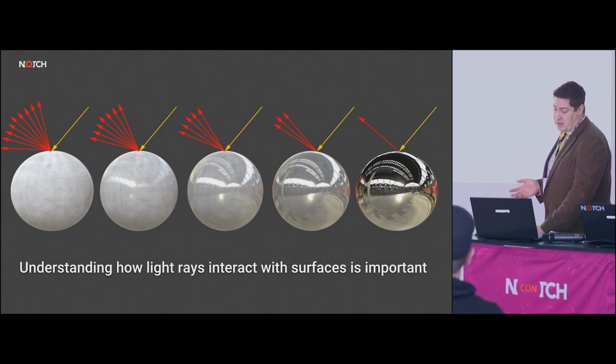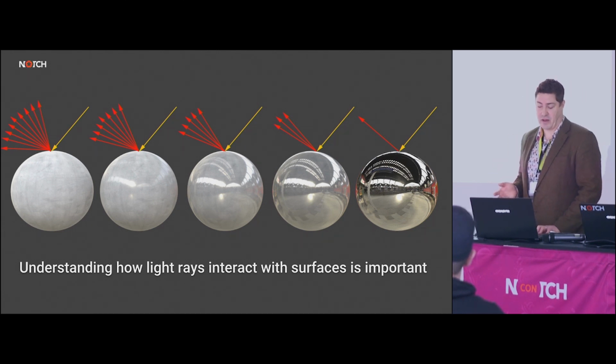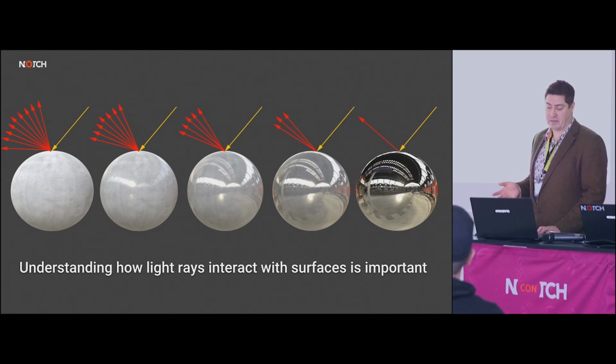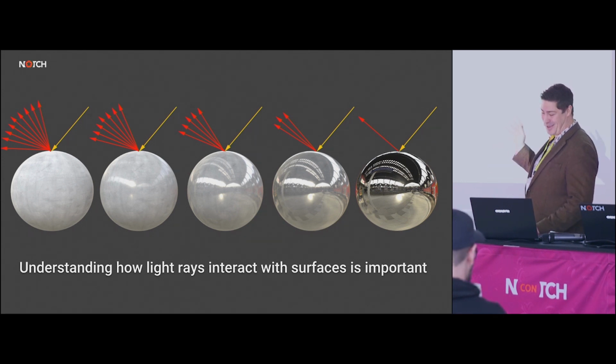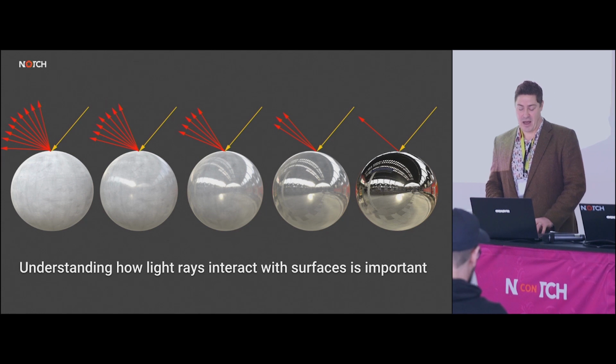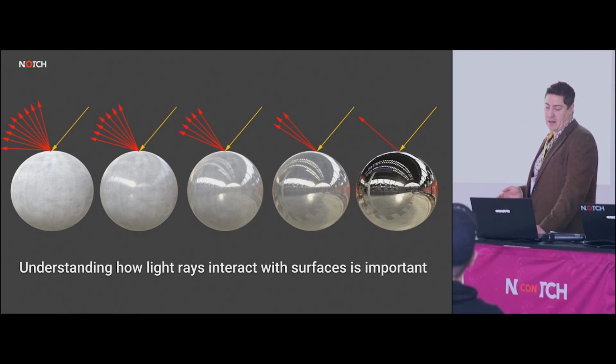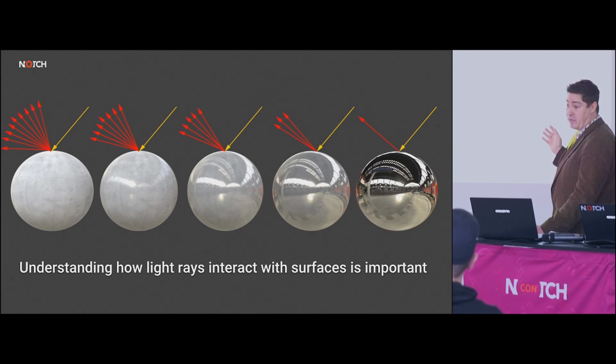So in this image, the sphere gives off a different material response from the left to the right. The objects on the left are rougher than the objects on the right. As you can see, the rougher materials on the left-hand side are scattering the light more than the materials that are like a mirror finish on the right.